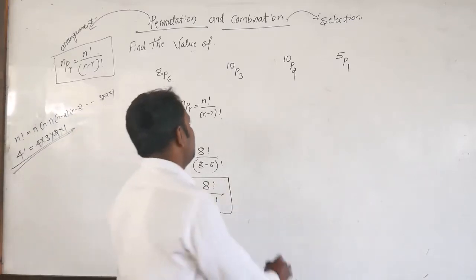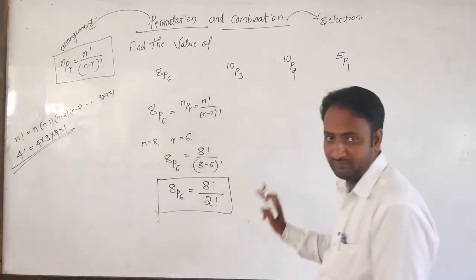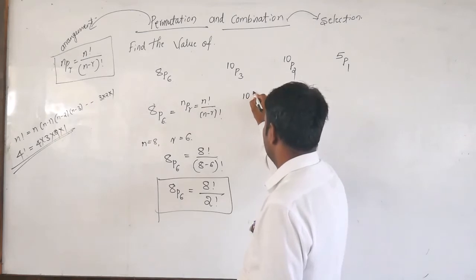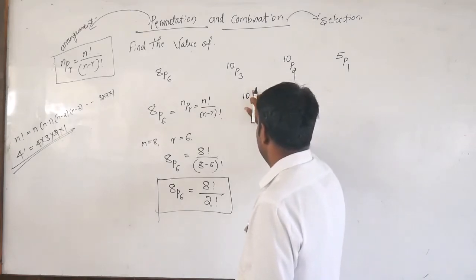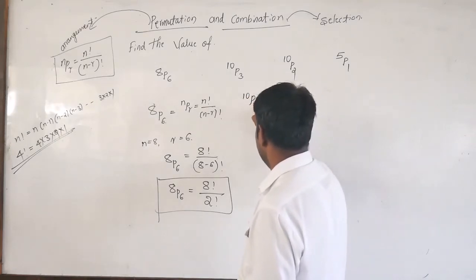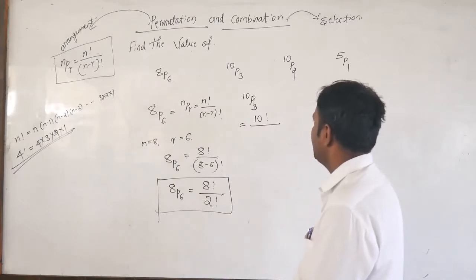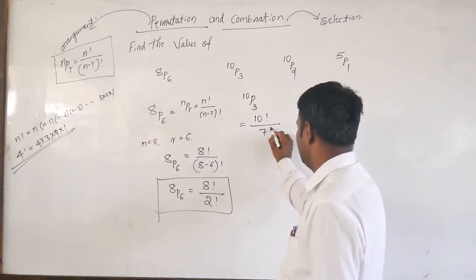Similarly, 10P3 is equal to 10 factorial divided by (10 minus 3) factorial, that is 10 factorial divided by 7 factorial.